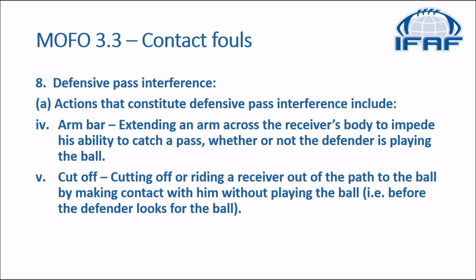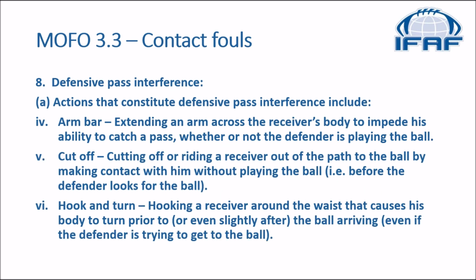Cutting off or riding a receiver out of the path to the ball by making contact with him without playing the ball. That means before the defender looks for the ball. And 6. Hook and turn. Hooking a receiver around the waist that causes his body to turn prior to or even slightly after the ball arriving, even if the defender is trying to get to the ball.